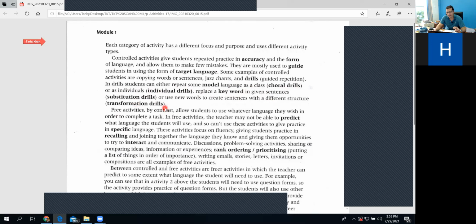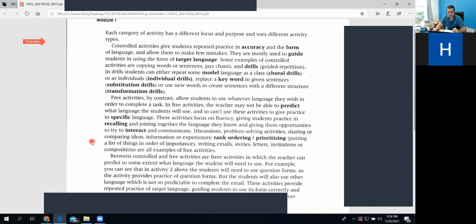You can find that in the glossary, and if not, you can Google it, and you will have the type of activities plus examples as well. And use new words to create sentences with different structures: transformation drill. So different types of drills are there. Okay, and drills are mostly done in the control practice activities. And the purpose is to make the structure, the accuracy of the form of the language.